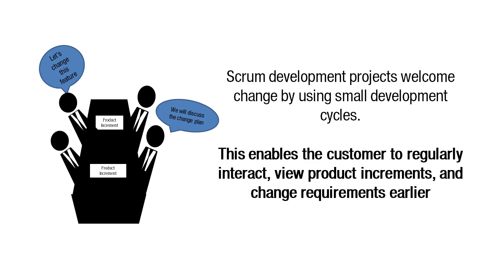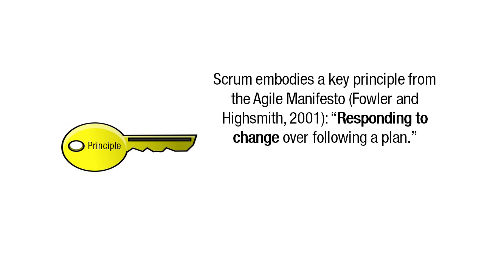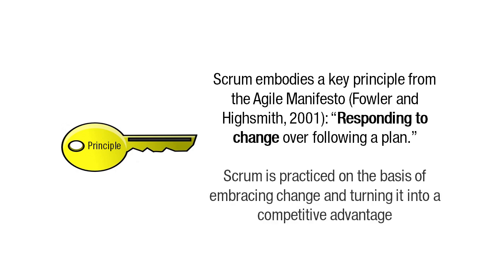Also, the portfolio or program management teams can respond to change requests pertaining to Scrum projects applicable at their level. Scrum embodies a key principle from the Agile Manifesto, Fowler and Highsmith, 2001: responding to change over following a plan. Scrum is practiced on the basis of embracing change and turning it into a competitive advantage.